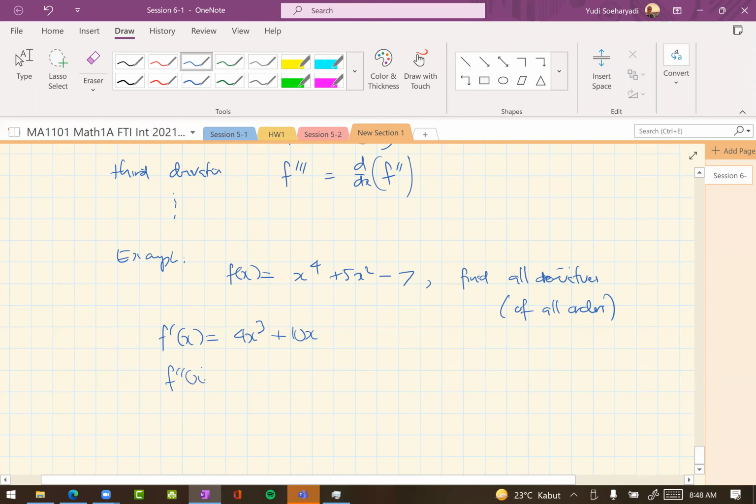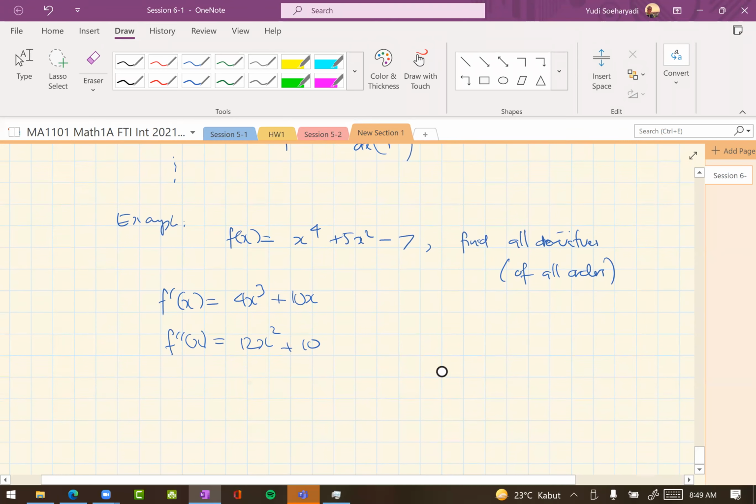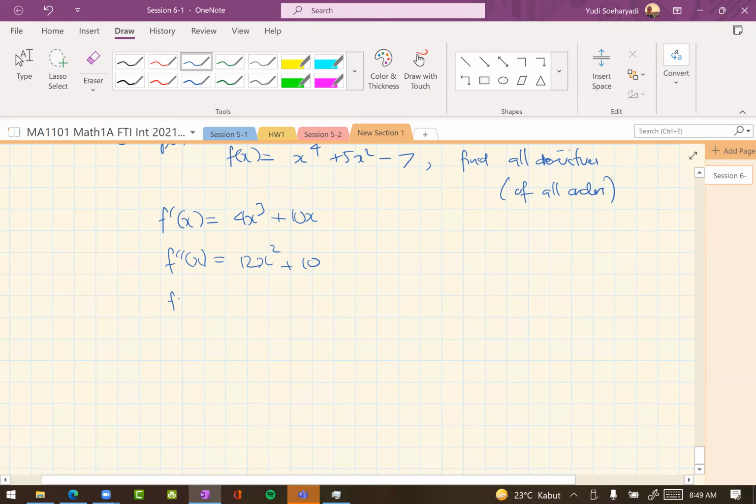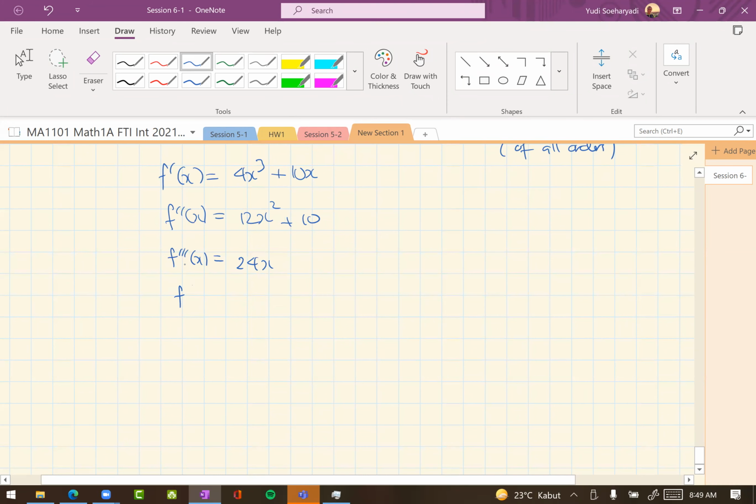Second derivative is 12x squared plus 10. Okay. Third derivative is, let's see, it's 24x. The next derivative is 0. All right. Now it's getting tedious if you write this with the primes. So for the fourth derivative, we write this one.